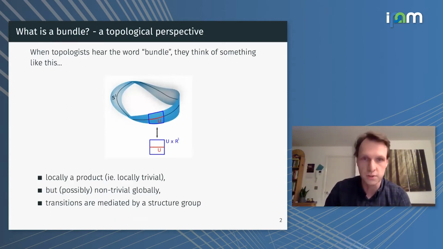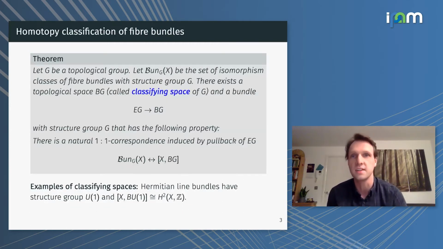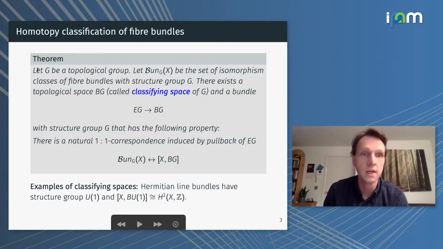And why are topologists interested in these kinds of bundles? Because there's a nice classification result for these bundles via homotopy theory. Whenever you have any topological group G, you can cook up a topological space that's usually denoted by BG and is called the classifying space of G. That comes together with what's called a principal G-bundle EG over BG.